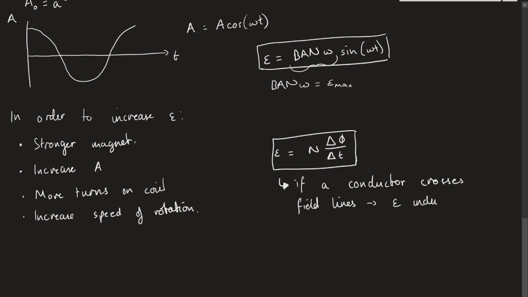Okay, and that's because if you're moving across a flux line, you're definitely changing either B or A. There's no other way to move across a flux line than to change B or A. Therefore, we can say that if a conductor crosses a field line, it will have an induced EMF.